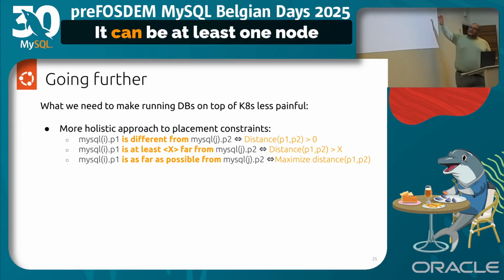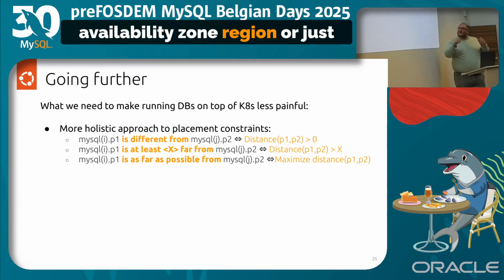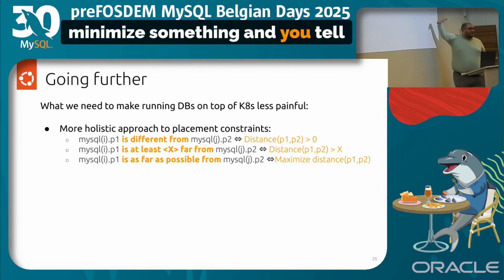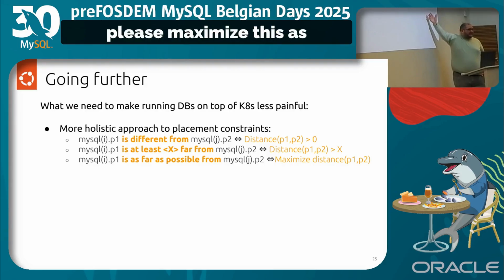At least far can be at least one node far, or one rack far, or one availability zone or region. Or you would like to maximize or minimize something, and you tell the scheduler, please maximize this as much as you can.